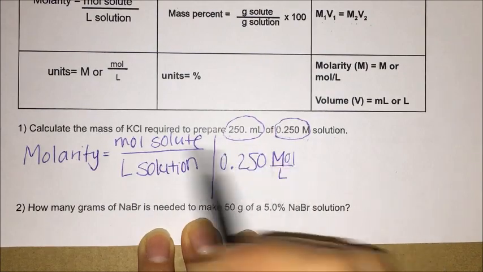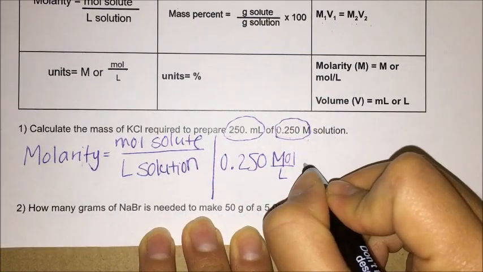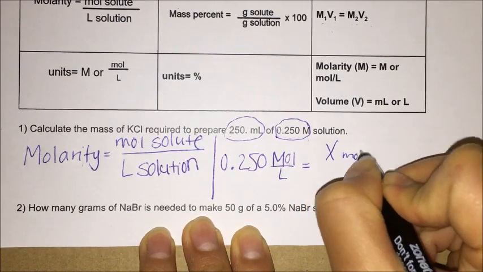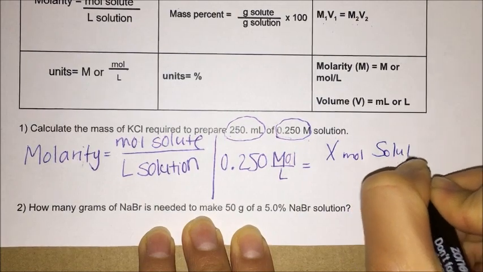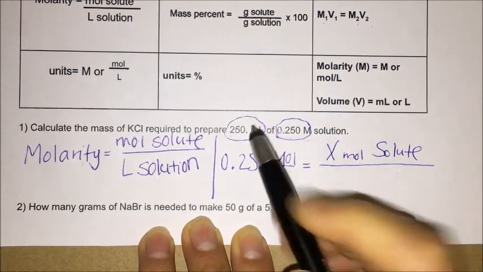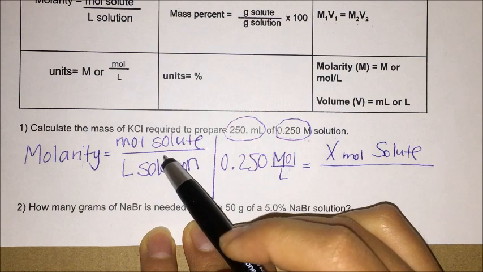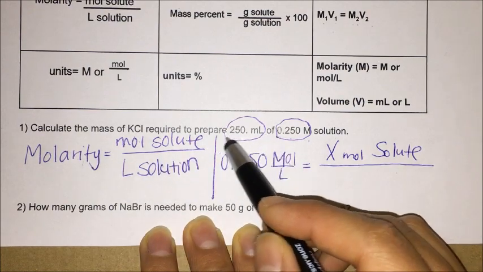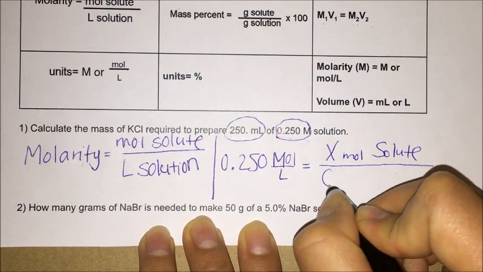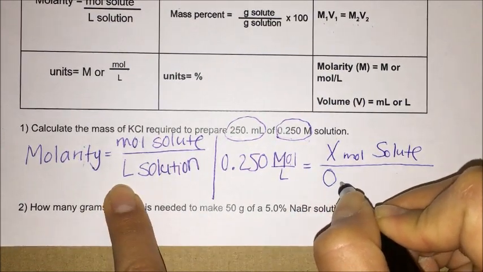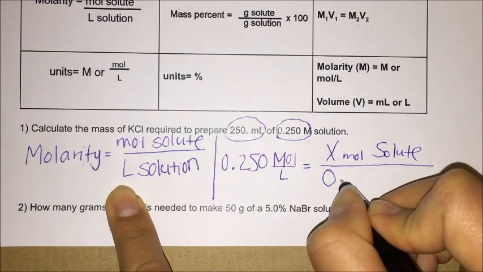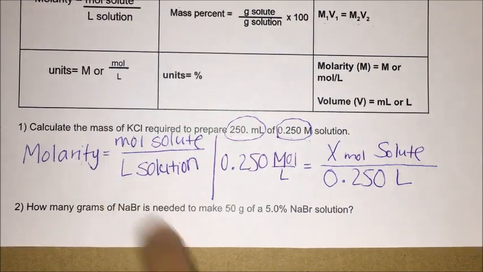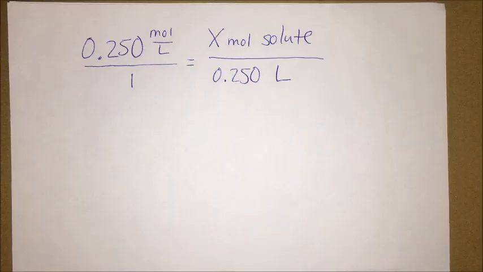And this molarity is equal to your moles of solute, which we do not know, so we will call X, divided by the liters of solution. They give us 250 milliliters, but don't forget the bottom always has to be in liters, so we are going to convert the 250 to liters, which will be 0.250 liters.